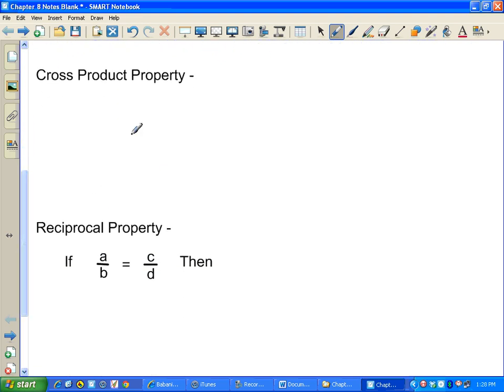So our first property is the cross product property. This is what allows you to cross multiply, and that's exactly what the property is.